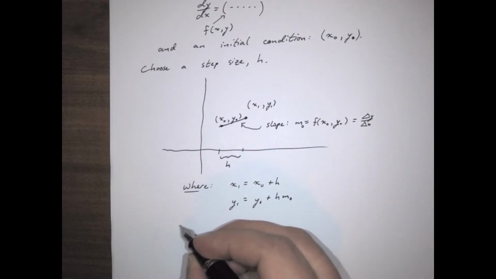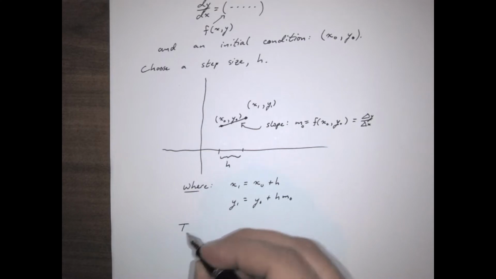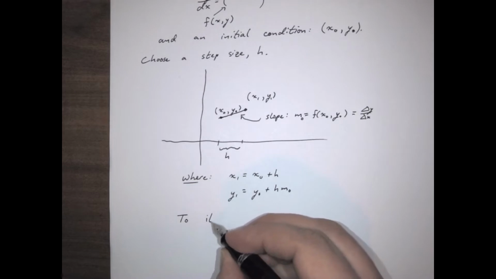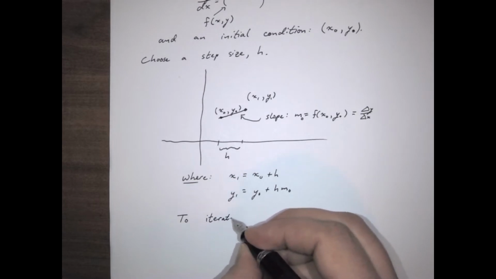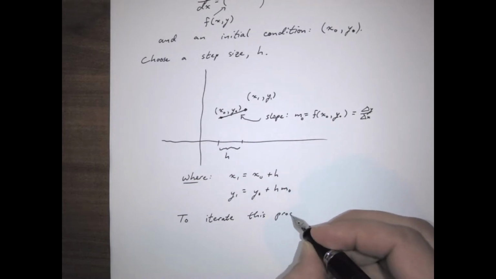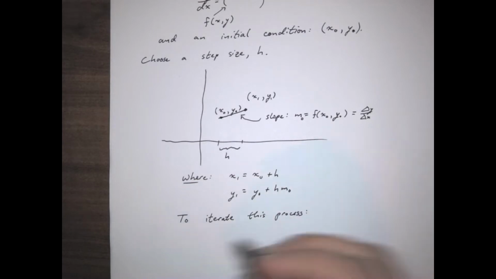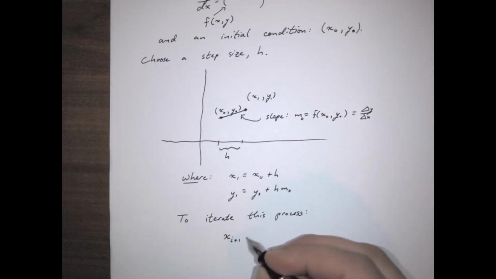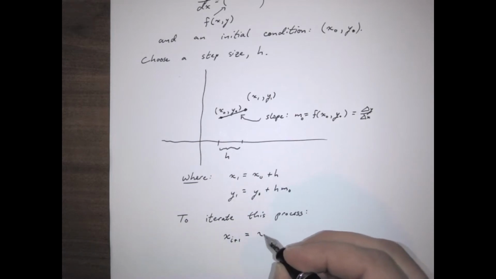So to continue this, to iterate this process, x_{i+1} is just x_i.